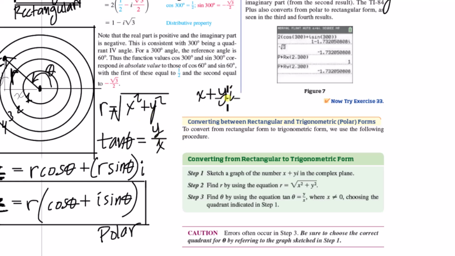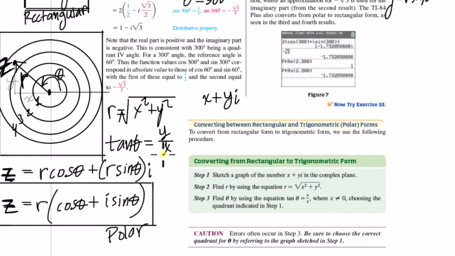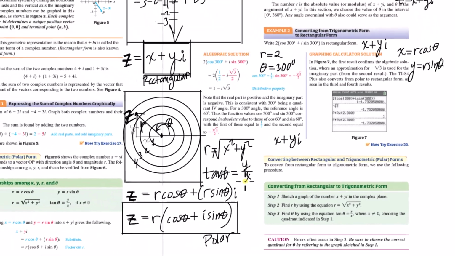You're going to know what the quadrant is because you have x and y. So you can just use tangent to get the reference angle. It will give you a positive or negative angle, but the absolute value of that is going to be the reference angle. And since you know the quadrant, you can just get the actual angle.